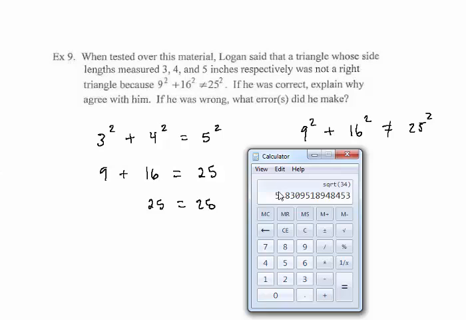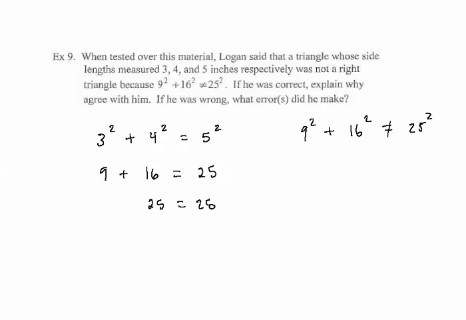And let's see. A 16 squared is a 256, and a 25 squared is a 625. And 9 squared is 81. So if we add these two sides, Logan is correct in saying they are not equal.